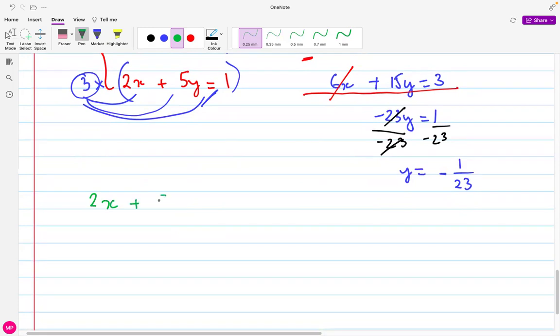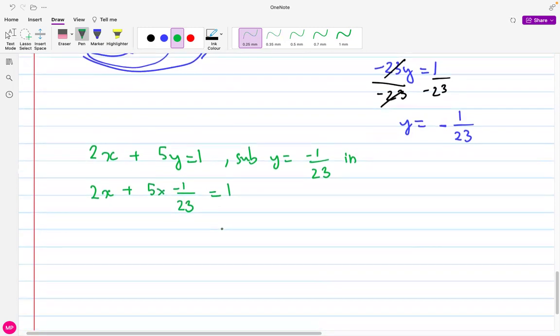So 2x plus 5y equal 1. So I'm going to sub y equal negative 1 over 23 in. Okay, so I have 2x plus 5 times negative 1 over 23 equal 1. 5 is 5 over 1. 5 times negative 1 over 23 is negative 5 over 23, and plus 2x here equal 1.